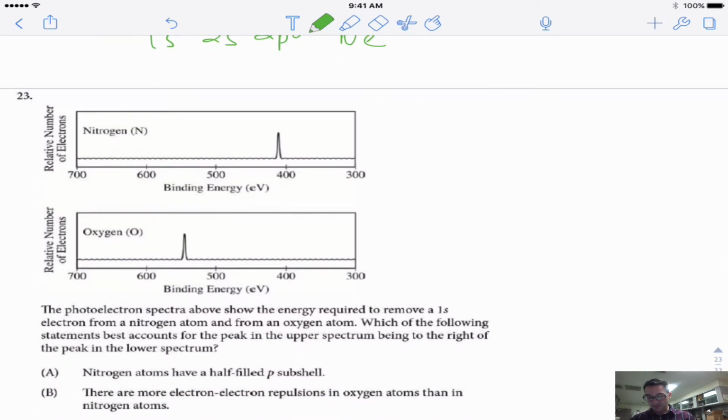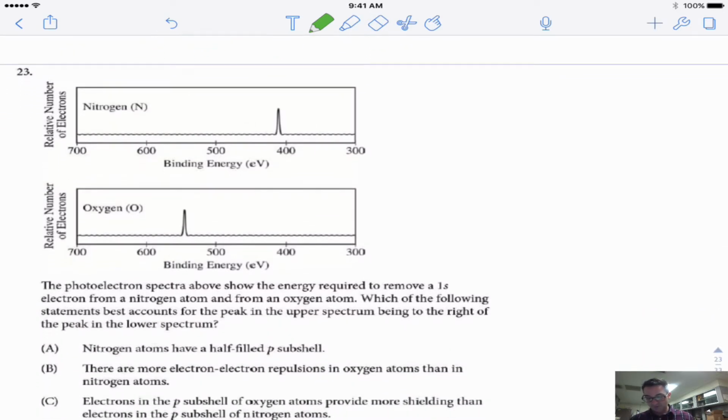So here's another type of question that they could ask you. Here they say the photon spectra above show the energy required to remove a 1s electron from nitrogen and a 1s electron from oxygen. So we're not talking about the valence electrons here, we're talking about the core electrons. Which of the following statements best accounts for the peak in the upper spectrum being to the right of the peak of the lower spectrum?